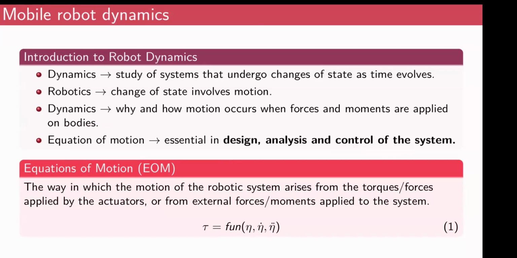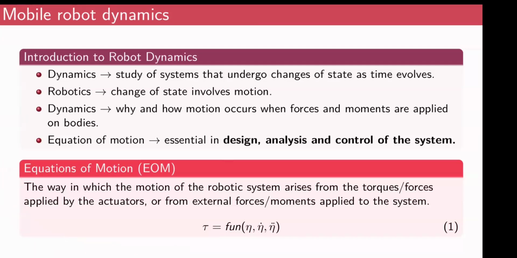And then control. The governing equations of motion also facilitate controlling the robot. For example, if you want a robot to move along a specific path, we do not want our robot to veer away from this path. We want our robot to closely follow our desired trajectory.